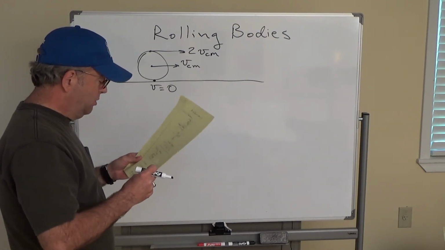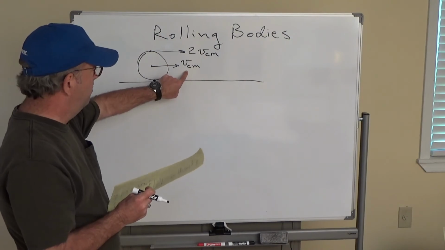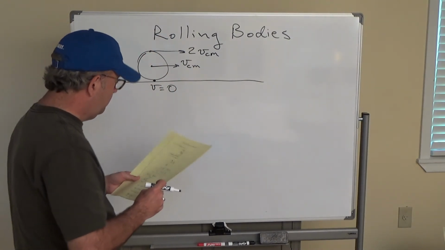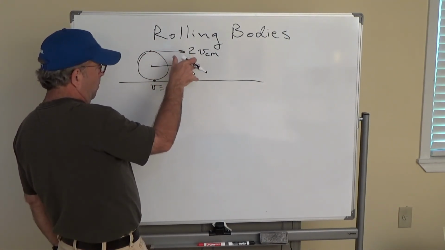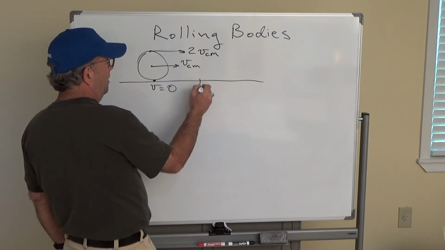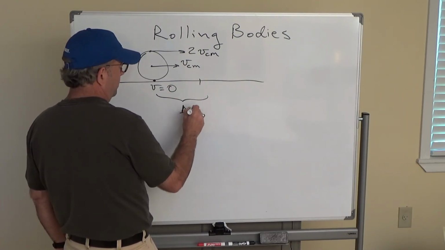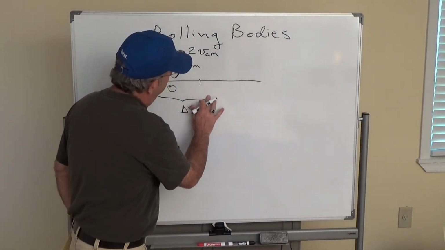All right. So let's get a relationship between this V center of mass and the rolling of the object. So think about this object as it rolls, okay? It travels some distance, I'll just call it delta S, okay?